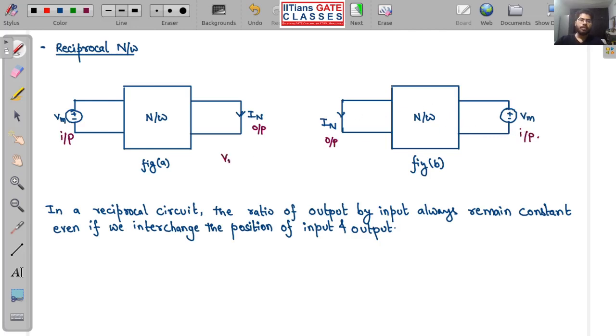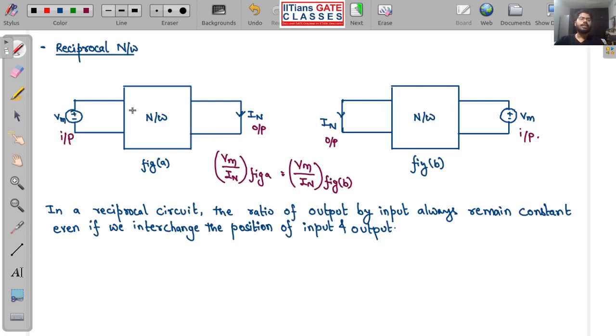Now if Vm by In of figure A is equal to Vm by In of figure B, that means this network is reciprocal.